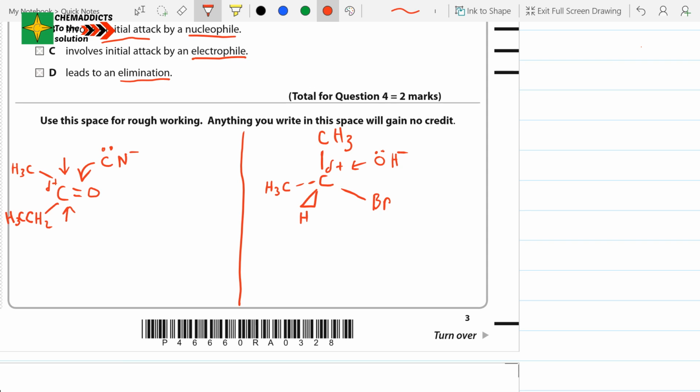If we consider this trigonal planar region, we have space above and below the carbon atom. So here we can see that there are two possible way attacks.